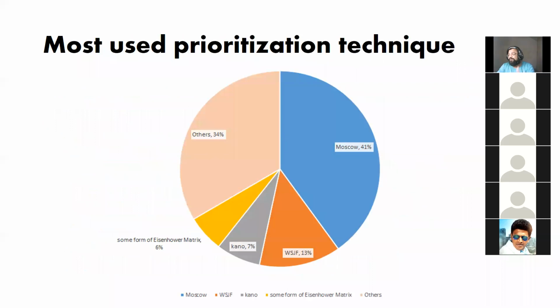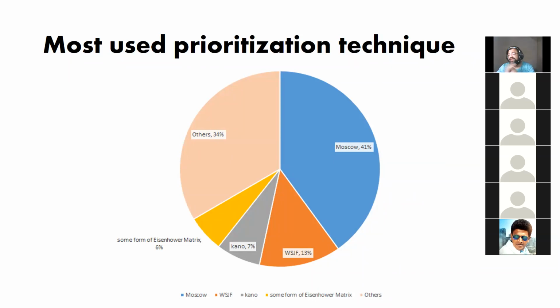41% of the people who joined this call today are using MoSCoW, and the next highest number is WSJF, used by 13%. Kano is used by 7% of people. Some form of Eisenhower matrix, which is nothing but value versus effort, cost versus risk, effort versus cost, and business purpose versus time.